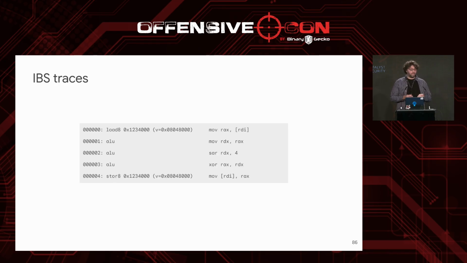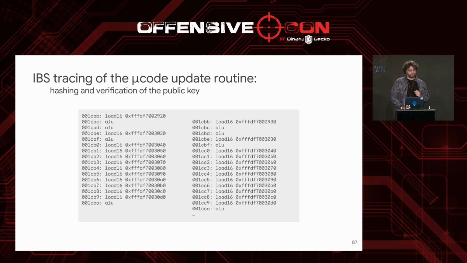If you do this repeatedly, you can get a trace of all the microcode instructions that are executed while x86 instructions are executed. In this example, there's always a 1-to-1 mapping between x86 instructions and microcode instructions, but there can also be x86 instructions that use more microcode instructions. If you do this on the microcode update routine, you get a very long trace, and this is an excerpt from it.